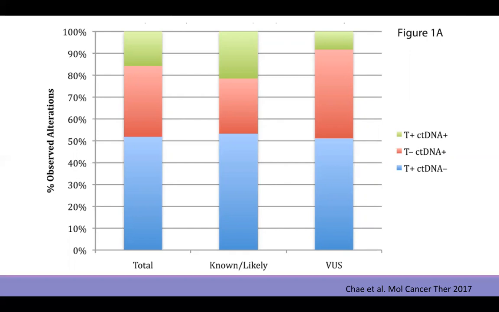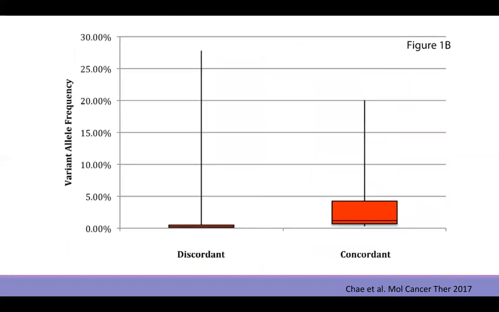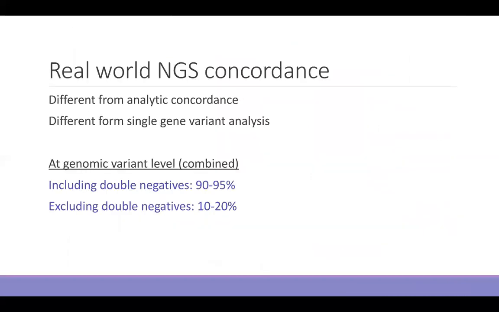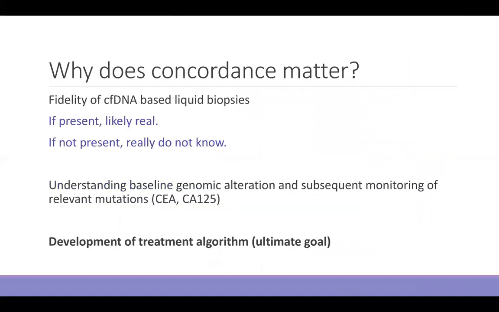And as you can see, green is the only mutation variants that were detected by both tissue and blood. So concordance does matter: if ctDNA is present, then it's likely real. If it's not present, we really don't know. It may simply just not be shedding.